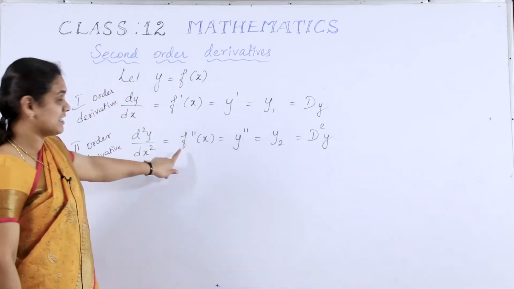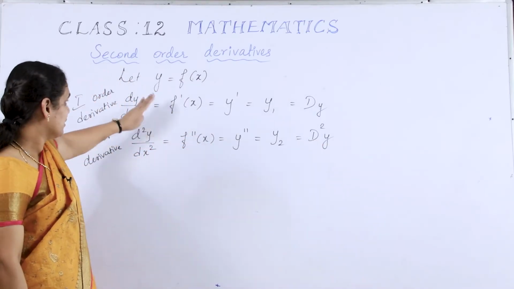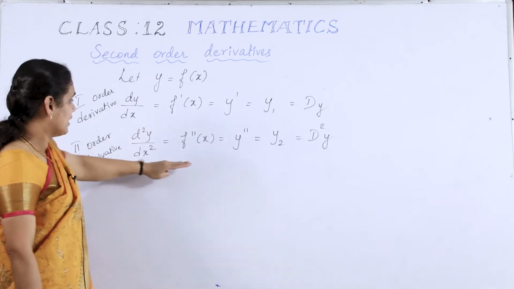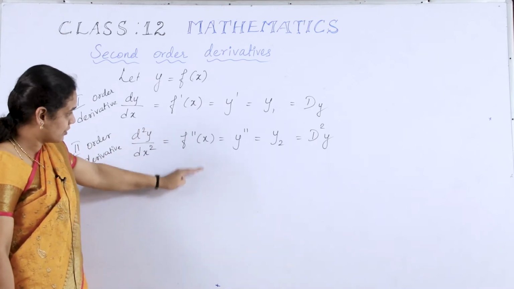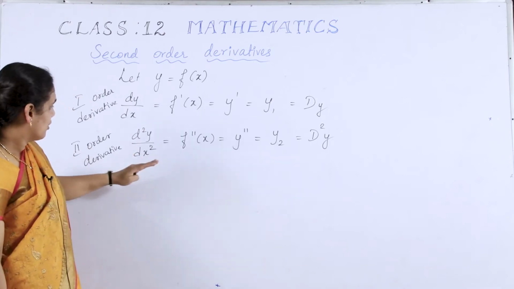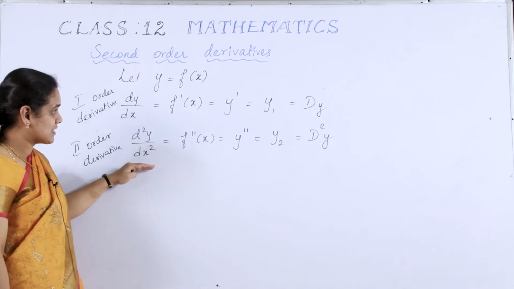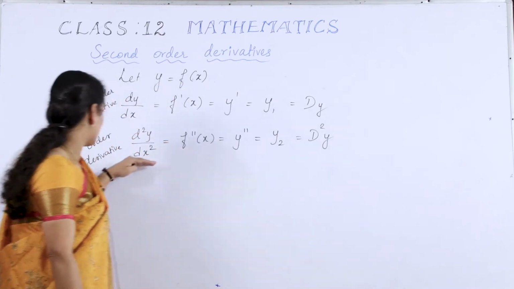These all represent the second order derivative. It is nothing but we differentiate y twice. And we can define the higher order derivatives further. You can find the third order, fourth order, or to the power n, we can do it. But in class 12 level, we have till up to second order only.